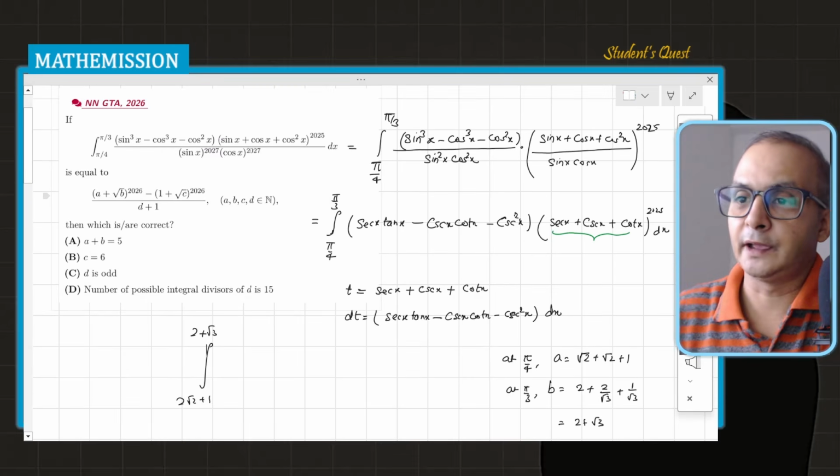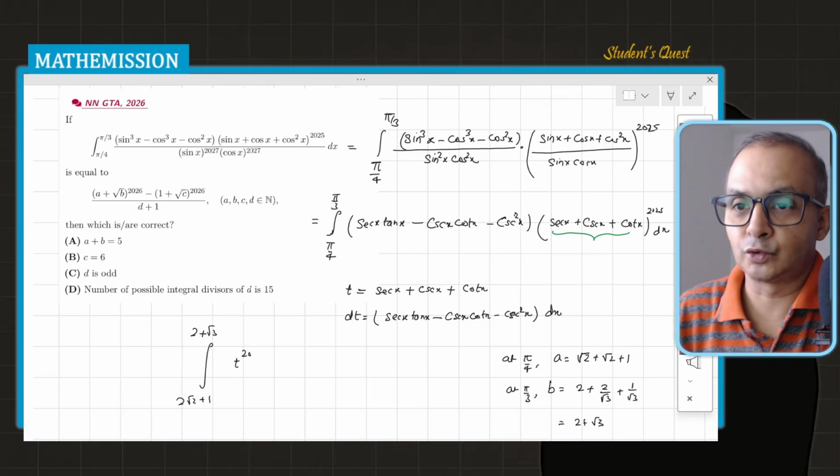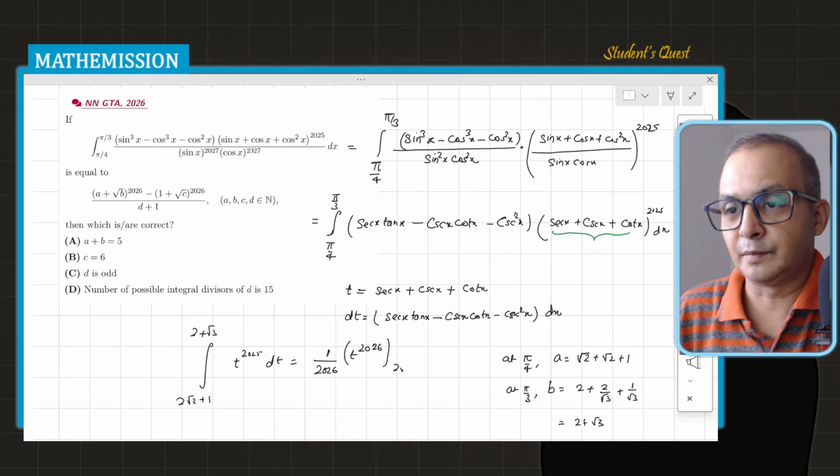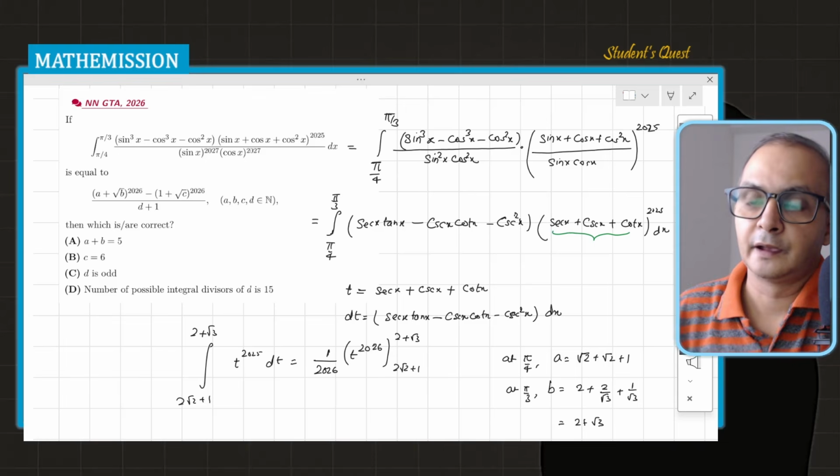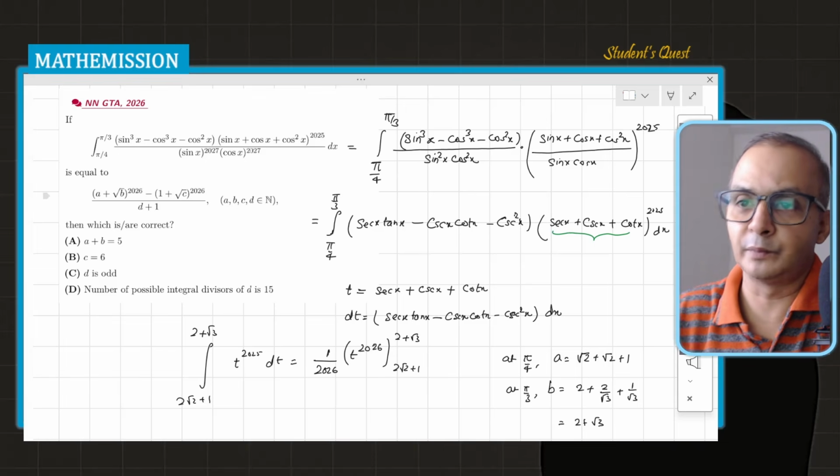And now I have the integration of t to the power 2025 dt. So this will give you 1 by 2026 t to the power 2026, and the bounds are 2 root 2 plus 1 and 2 plus root 3. And after that we substitute; everything is so feasible that we can simply compare.